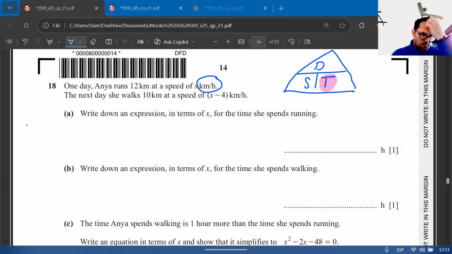So the time will be the distance divided by the speed. What was the distance? 12 divided by the speed, which is X. Now remember, an expression doesn't have an equal sign, so you can just write 12 over X.